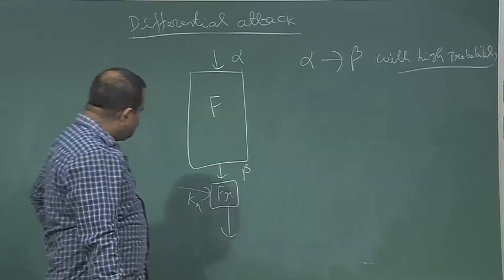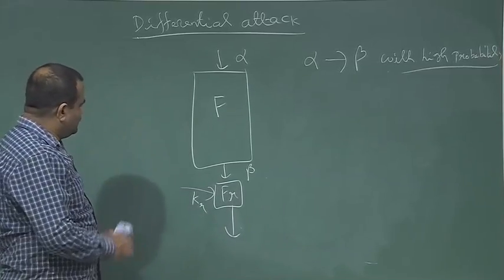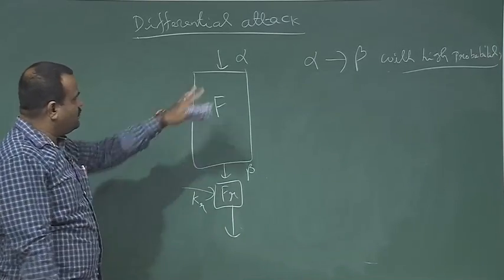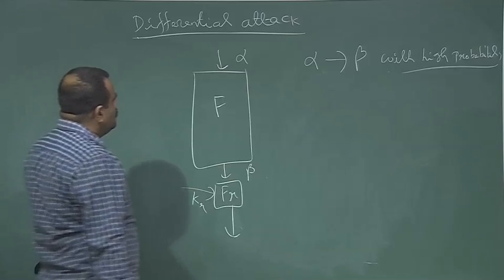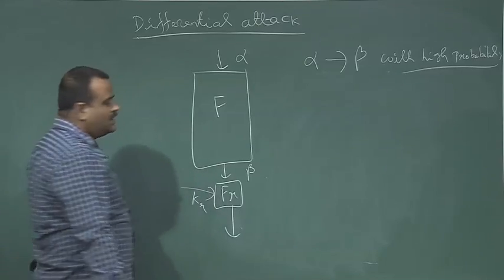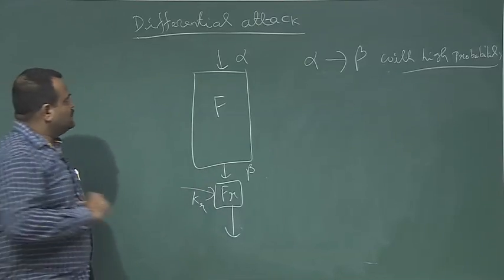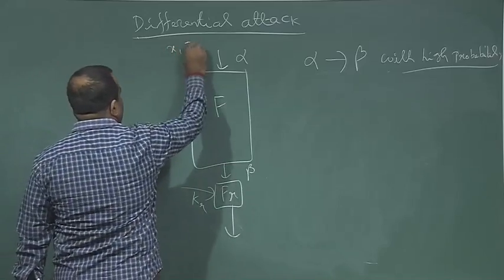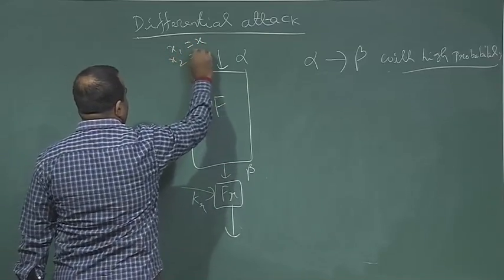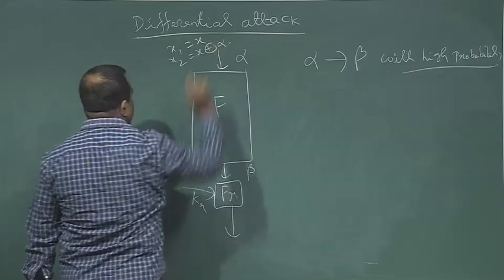So now how to attack this? Suppose this alpha beta exists. We take a pair x1, x2 whose difference is alpha. That means we choose x1 equal to x and x2 equal to x XOR alpha.